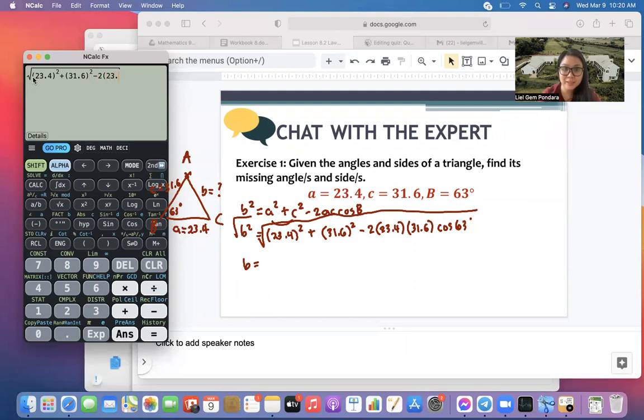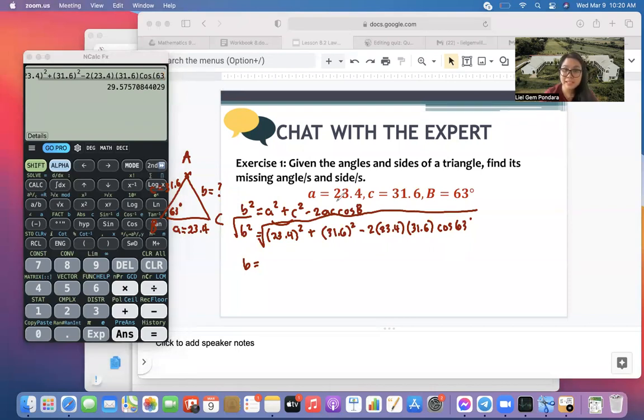I suggest that you practice with your calculator while we're having a class today. Minus 2 times 23.4 times 31.6 times cosine 63. There's the answer. The answer for B is 29.57. But again, you need to check.